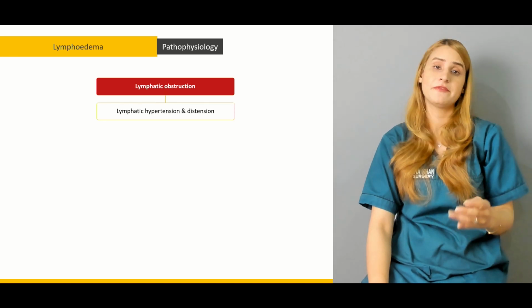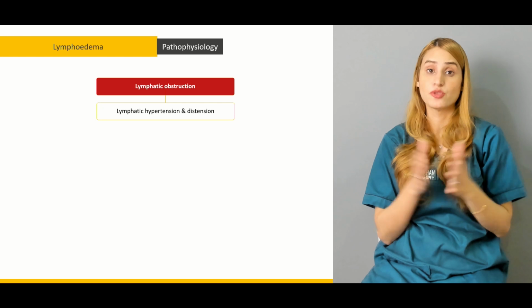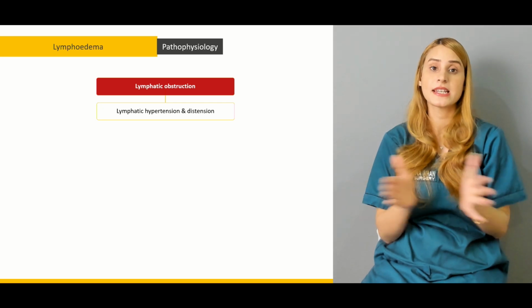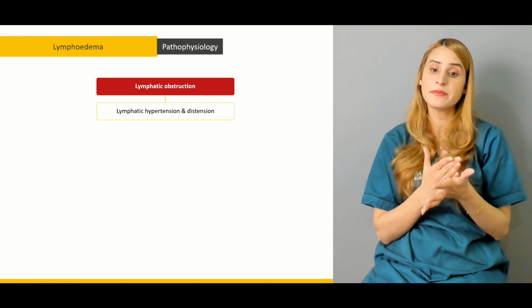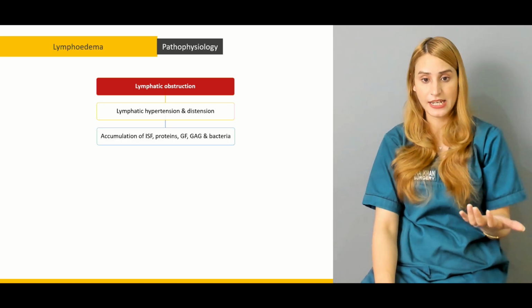So whenever there is a lymphatic obstruction, the drainage of the lymph would be compromised. And whenever the drainage of the lymph is compromised, there would be lymphatic hypertension and distension.